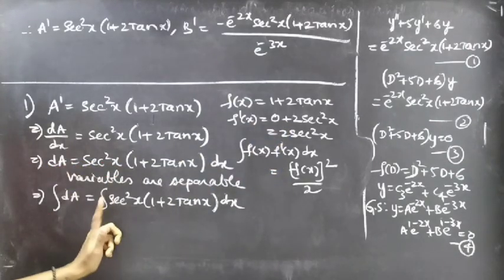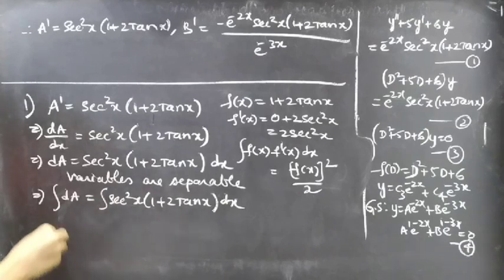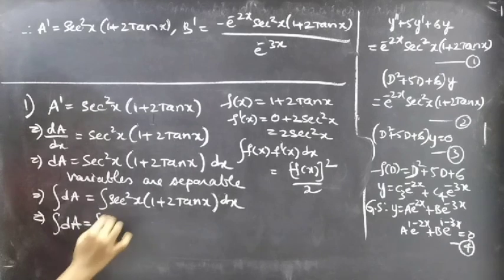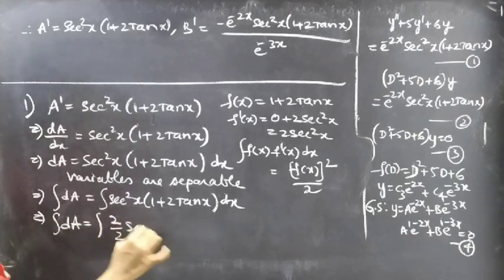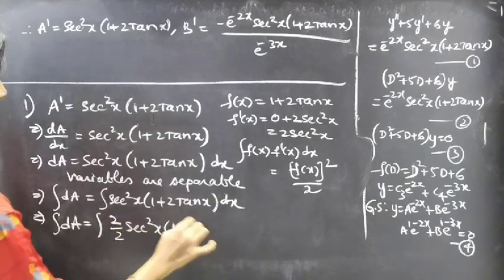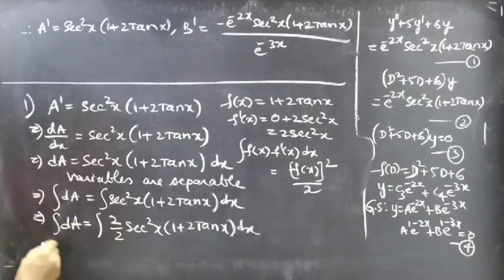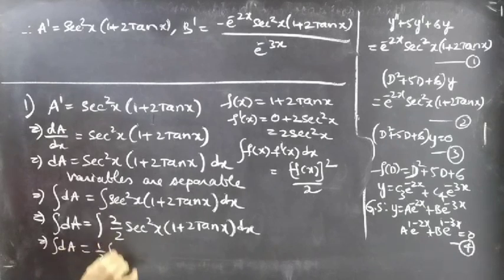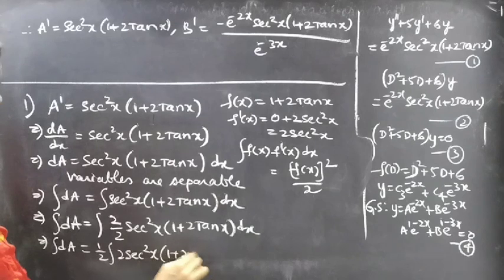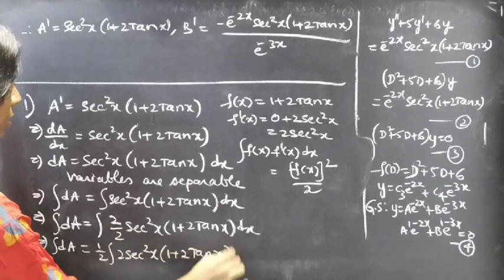So we'll multiply and divide by 2 to this secant square x and we'll get integral dA equal to integral 2 by 2 secant square x of 1 plus 2 tan x into dx, which gives us integral dA equal to, I'll take 1 by 2 outside the integral, then I'll get 2 secant square x of 1 plus 2 tan x inside the integral.